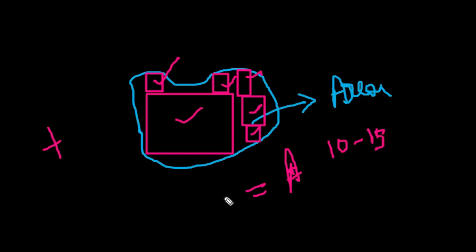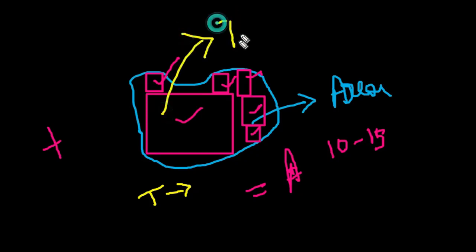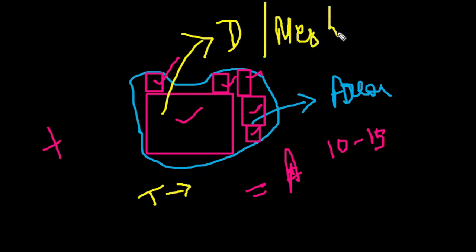But that is okay, because creating a new formula for this particular shape is a time consuming process. While comparing, time is money. I don't need a proper or accurate result, I need an approximate result. So I can use the discretization process to obtain a result. This process of splitting that particular model into definite shapes is called the discretization process, or else you can say meshing. I hope you understand what discretization and meshing are.